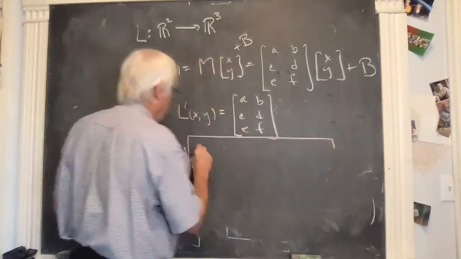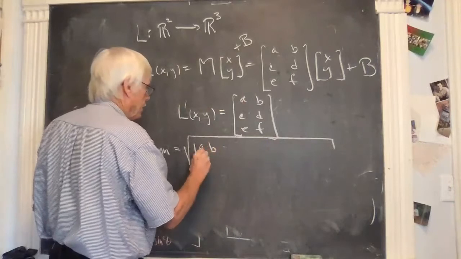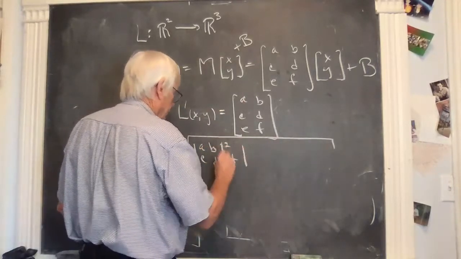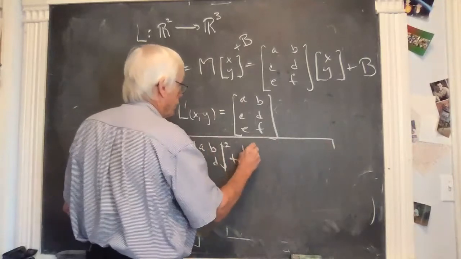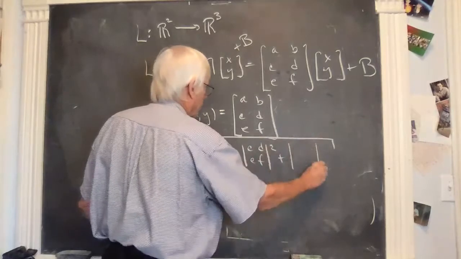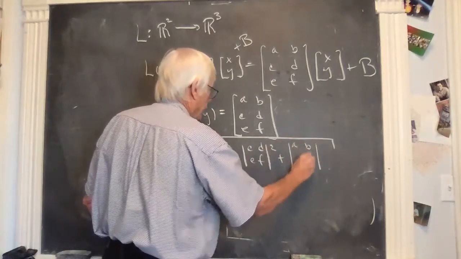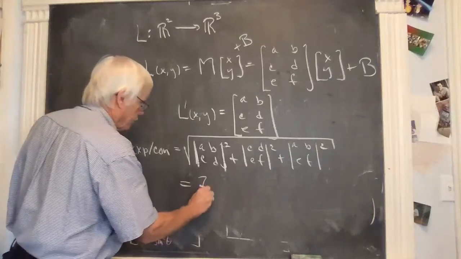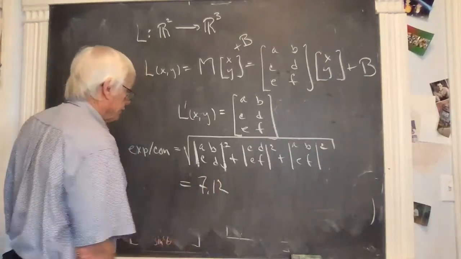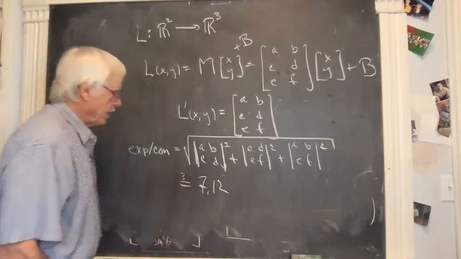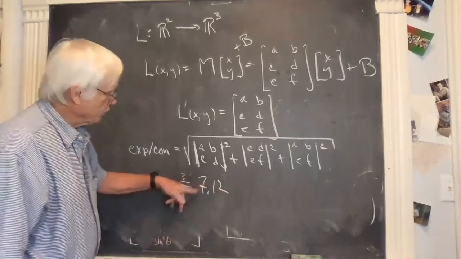So it's the square root of the determinant of AB CD squared, plus the determinant of CDEF squared, plus the determinant of ABEF squared. And this will be constant, maybe 7.12. I just want you to know that this is a number.